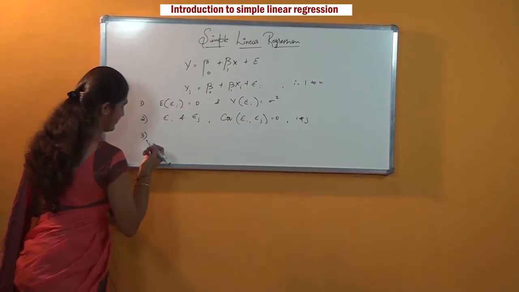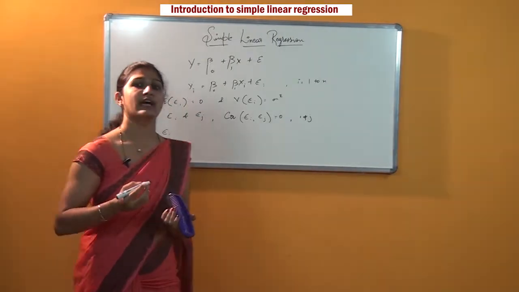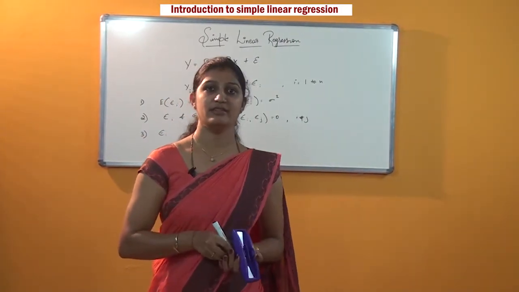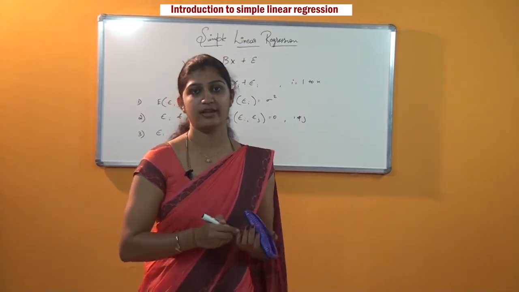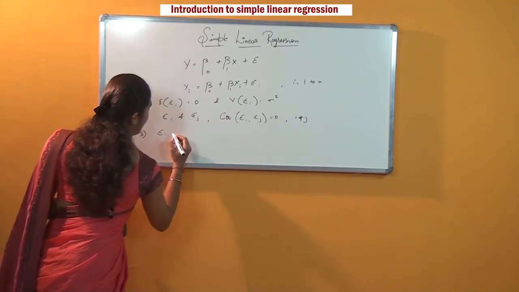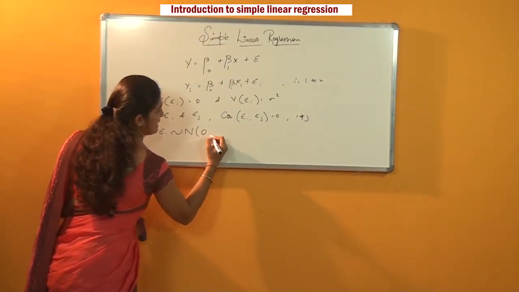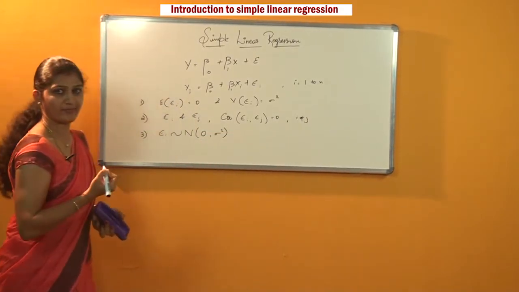Third assumption: epsilon i is normally distributed with mean 0 and variance sigma square, that is, epsilon i follows normal distribution with mean 0 and variance sigma square.